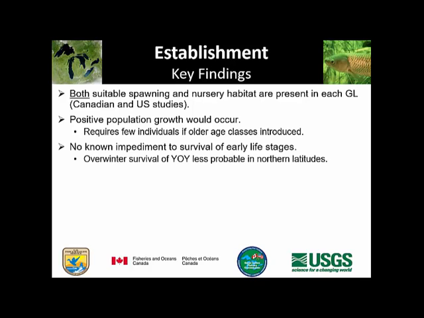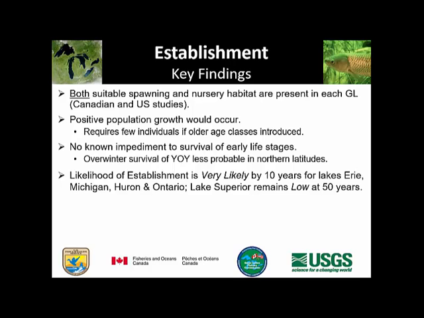There's no known impediment to survival of early life stages, although the overwinter survival of young of year is somewhat less probable in northern latitudes depending on exactly where you are. So that might be a bit of good news for Lake Superior.